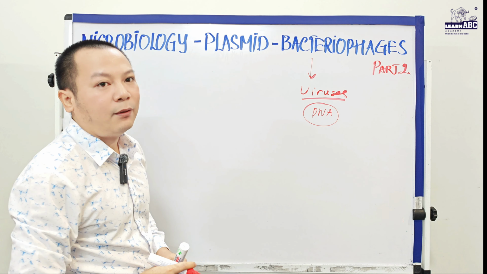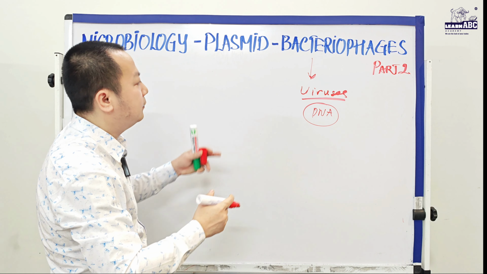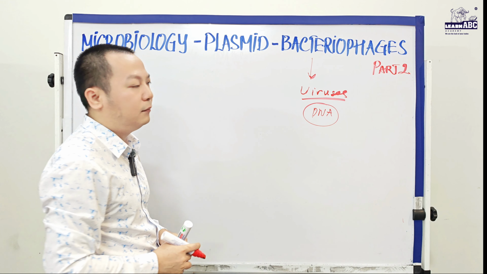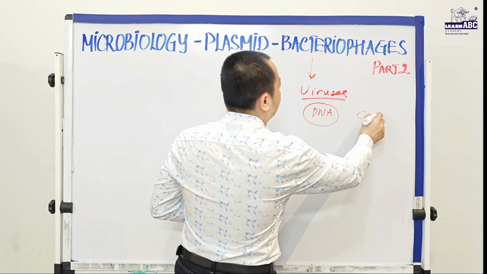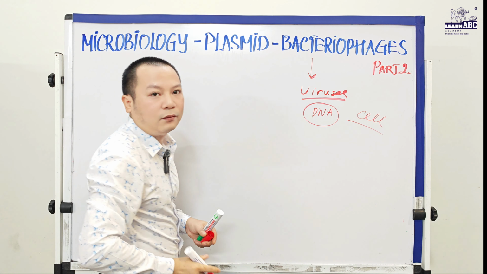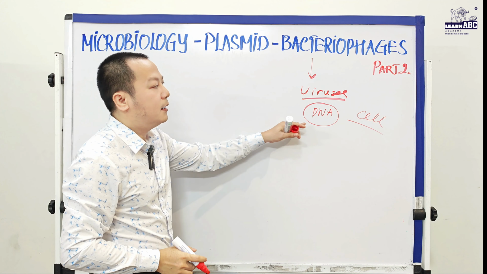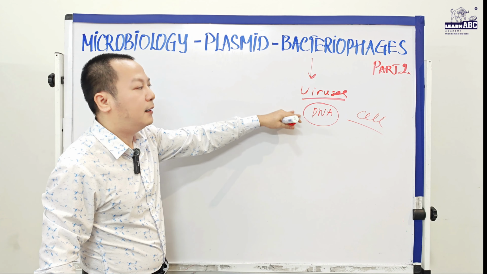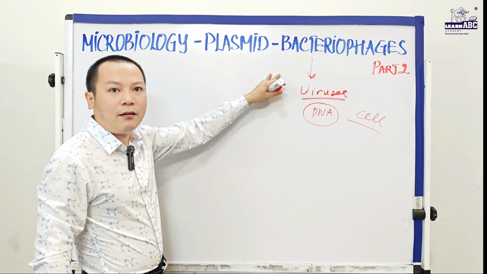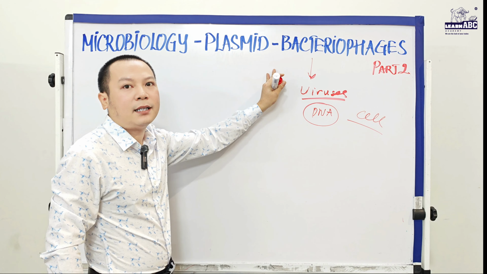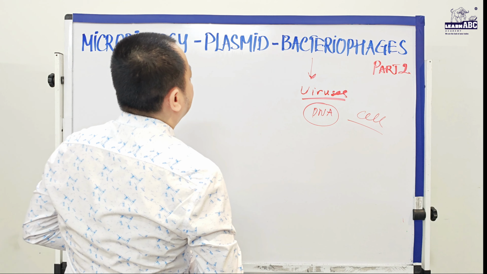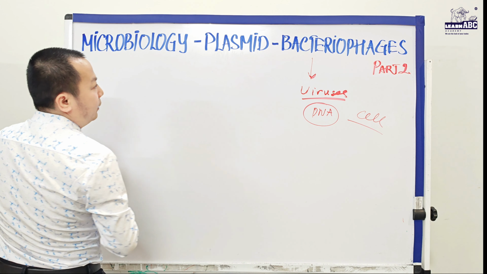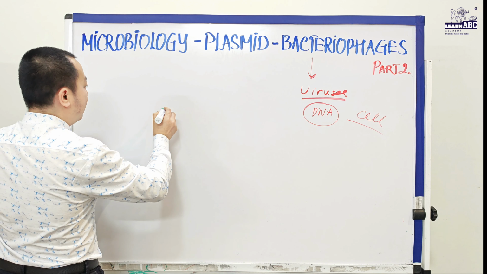Because whenever we talk about an organism, that organism must have a cell, but a virus doesn't have a cell. Clear? That's why we do not consider a virus an organism. Bacteria is an organism because bacteria has a cell. Now, a bacteriophage is one type of virus.